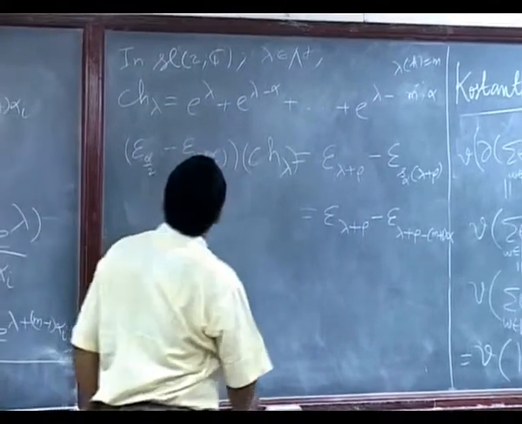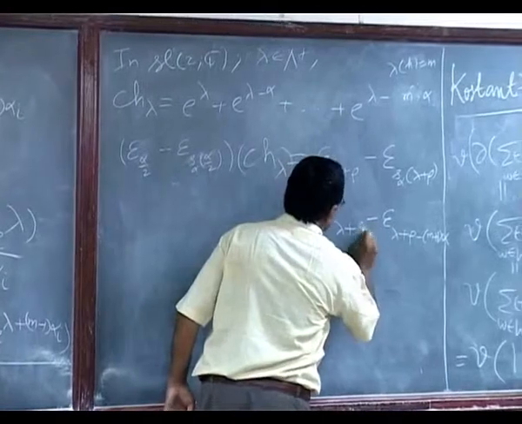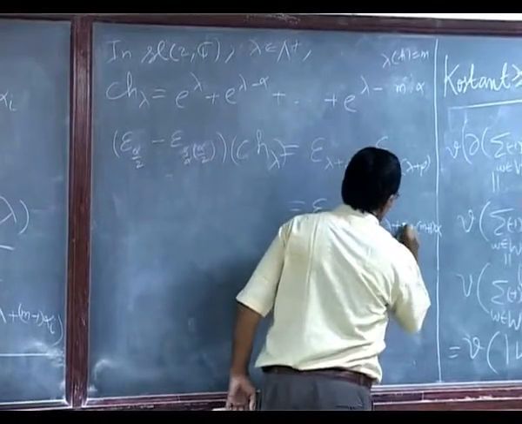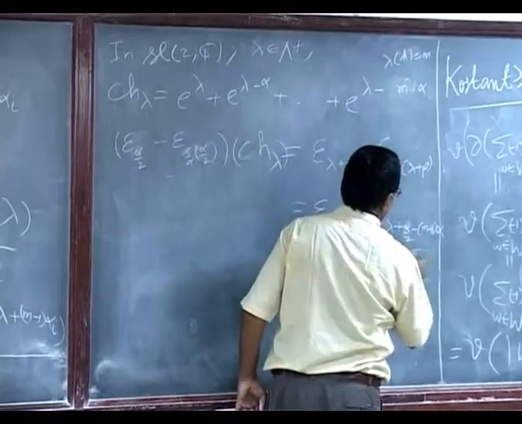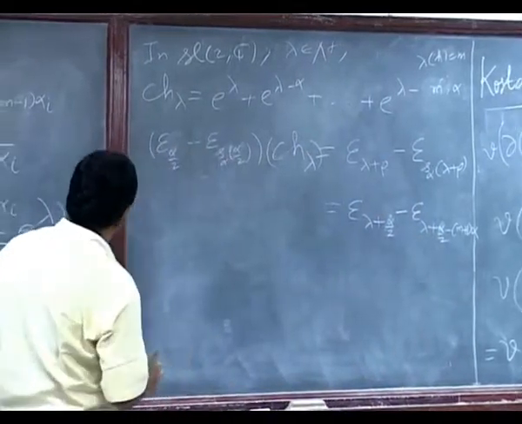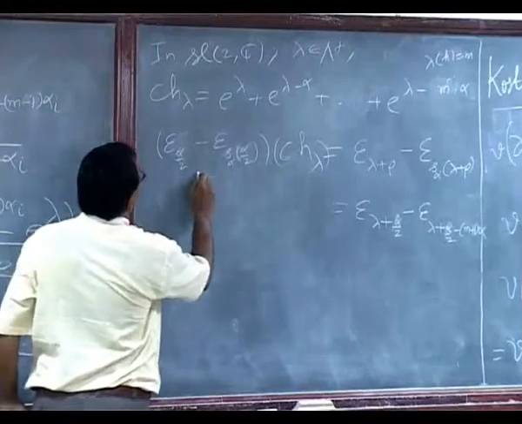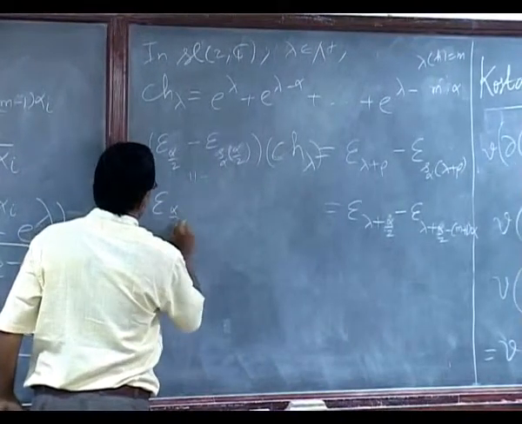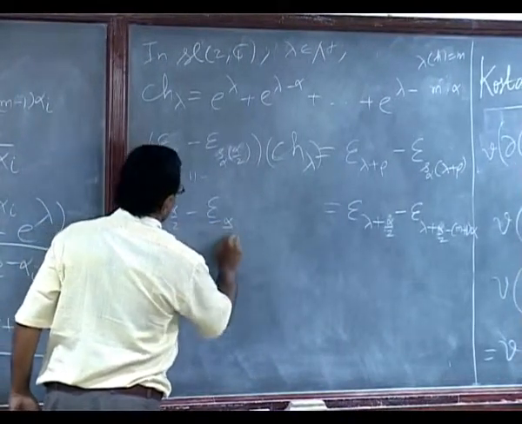So, rho is again here alpha by 2. So, here is alpha by 2, and so here we have e^{alpha by 2} minus e^{minus alpha by 2}.